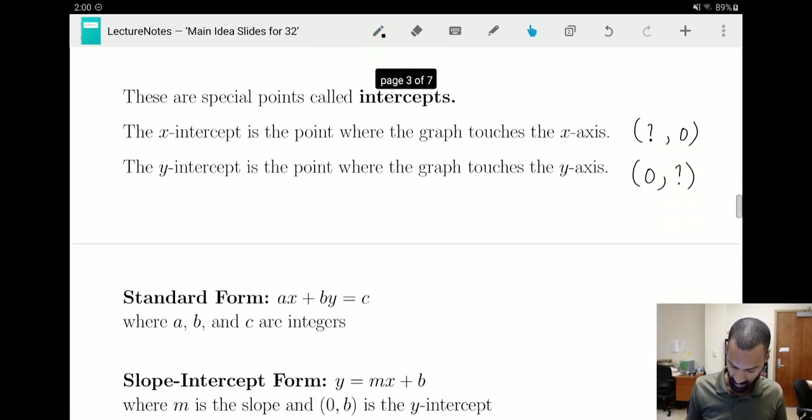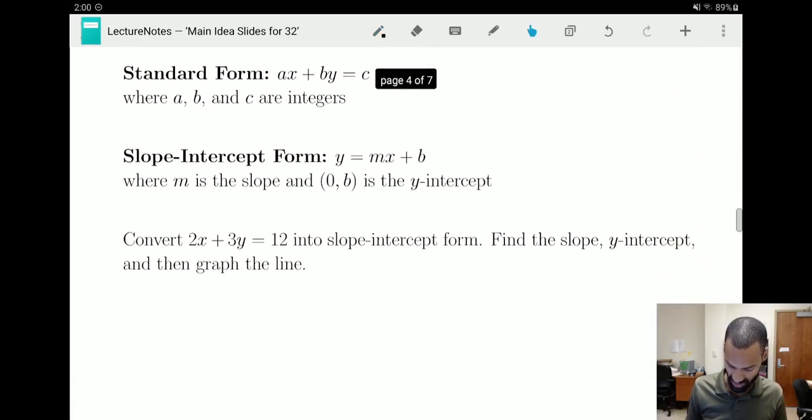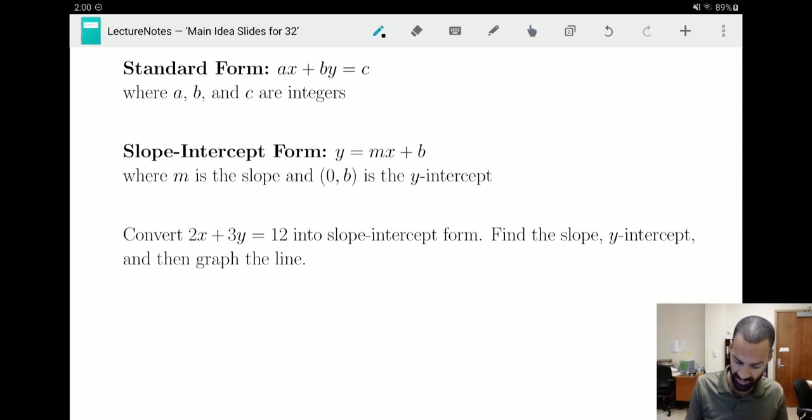Okay, let's move on. So here, let's talk about equations. So we've had so far all of our equations written out in standard form. That's ax plus by equals c, where a, b, and c are integers, okay, positive and negative whole numbers. They're not always going to be that way, and standard form is not necessarily the most useful form either. Slope-intercept form is better, depending on what you're trying to do.